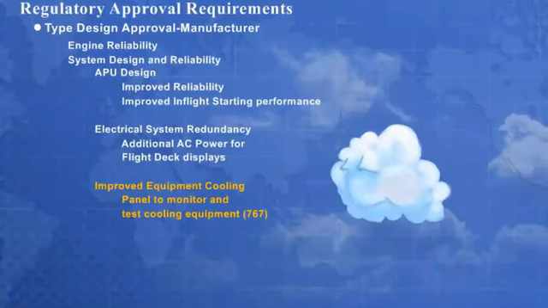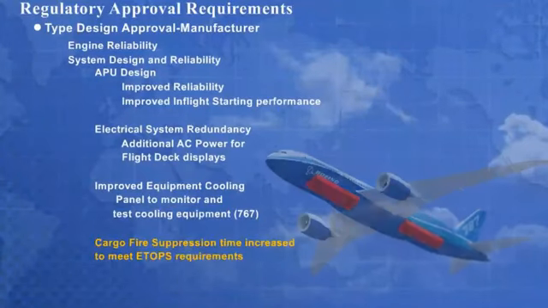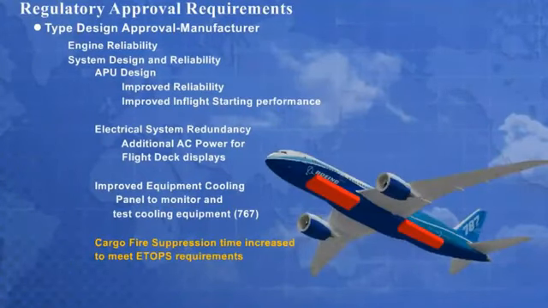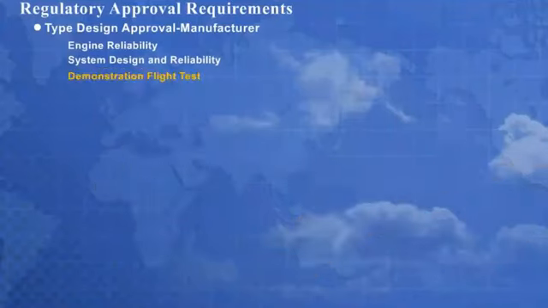Electronic equipment cooling systems are designed or upgraded for ETOPS. And cargo fire suppression duration is increased to meet ETOPS time-limited system requirements. The final step in obtaining ETOPS type design approval typically involves a manufacturer's demonstration flight test program.